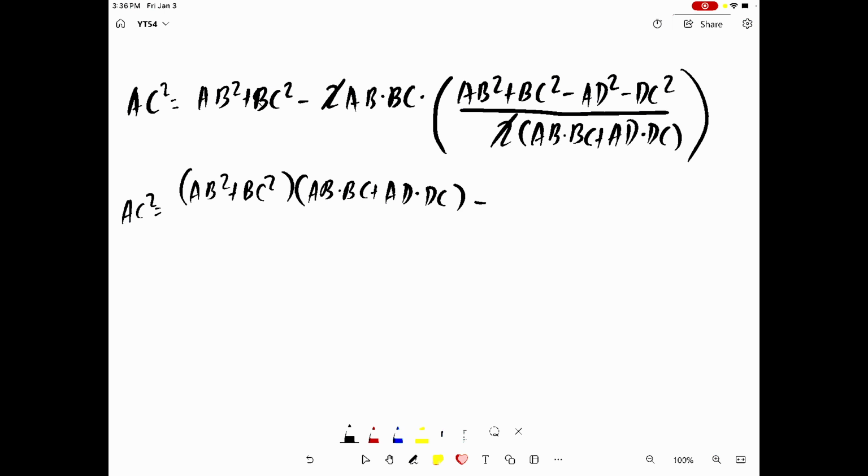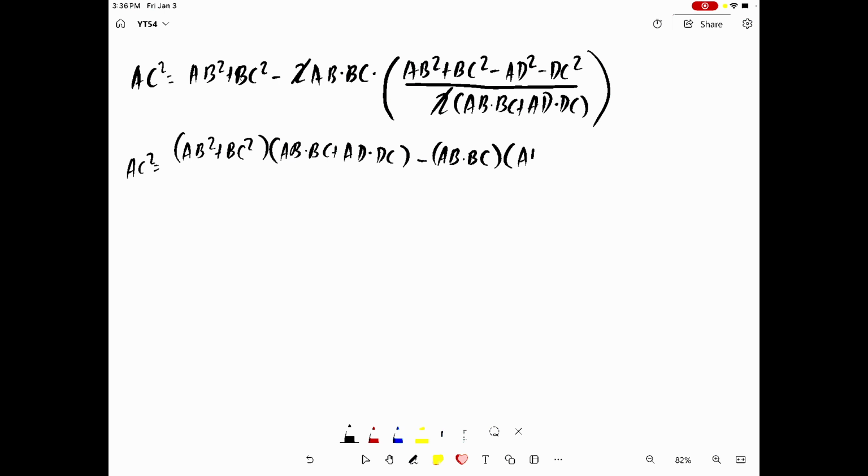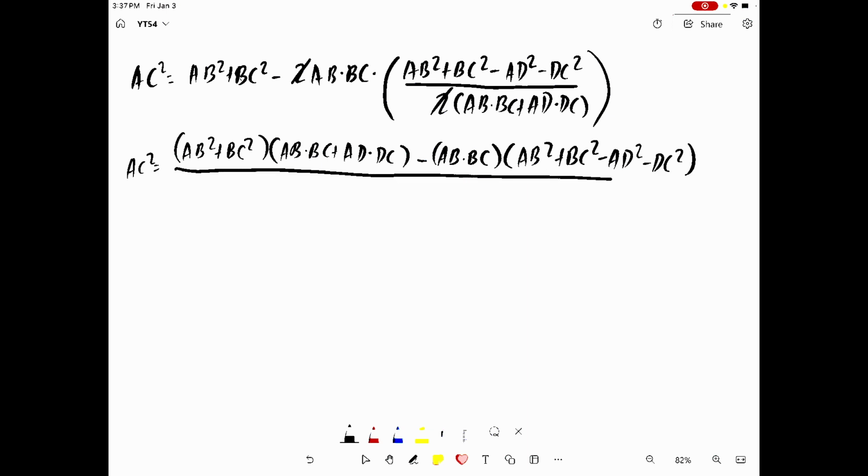Okay, so we have AB squared plus BC squared times AB times BC plus AD times DC minus AB times BC times AB squared plus BC squared minus AD squared minus DC squared, all of that divided by AB times BC plus AD times DC. So now what you're going to quickly notice is that we have an AB squared plus BC squared times AB BC, and then we have a minus AB times BC and an AB squared plus BC squared right next to it.